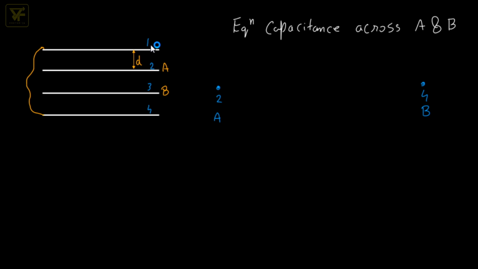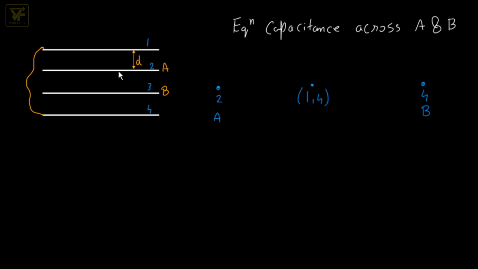Then write the other plates in the middle. I can write this point 1, but I can also write this point 4, because 1 and 4 are connected. So whatever the potential of 1 is, 4 will have the same potential.